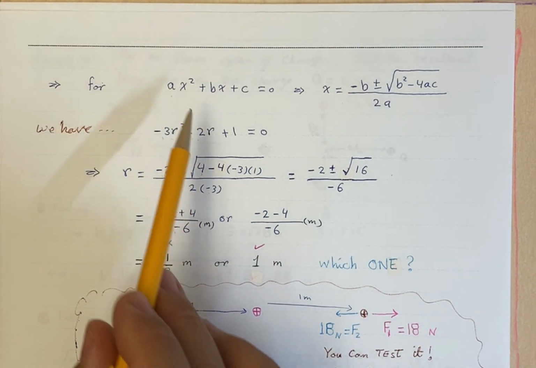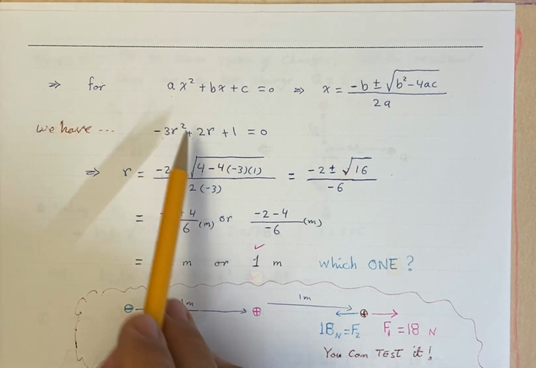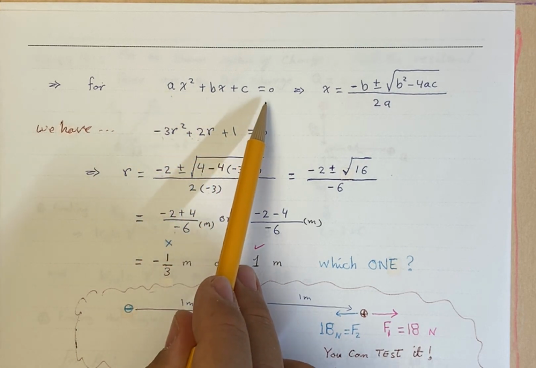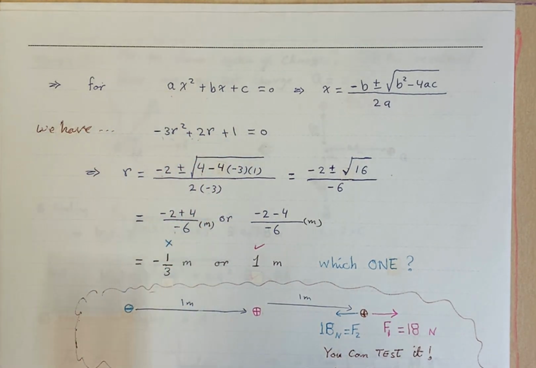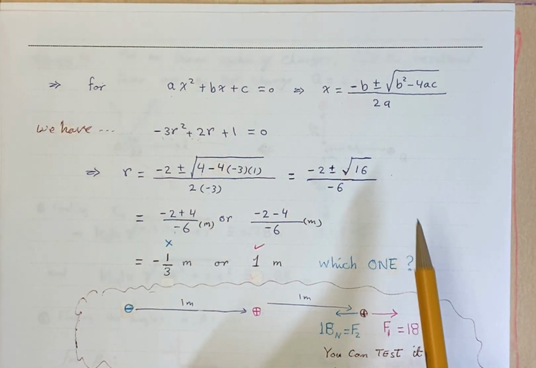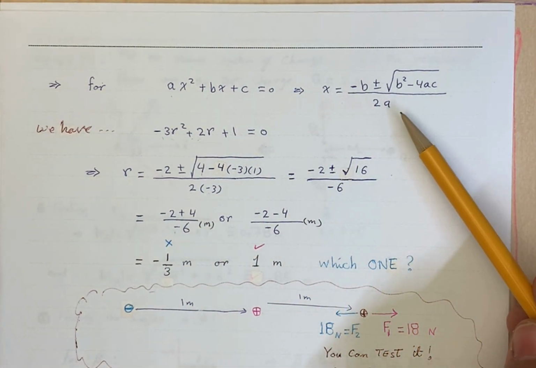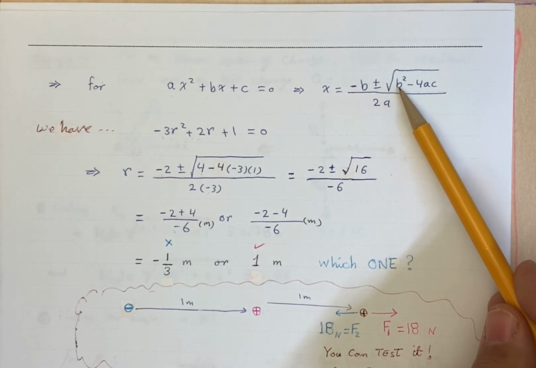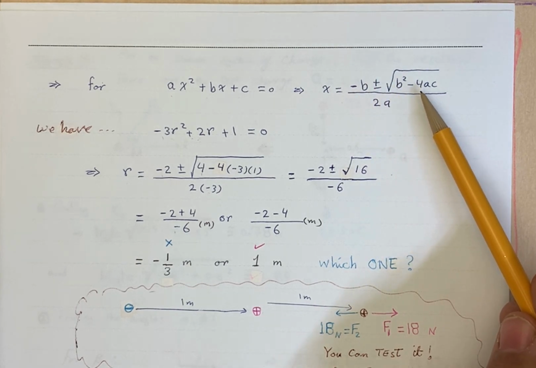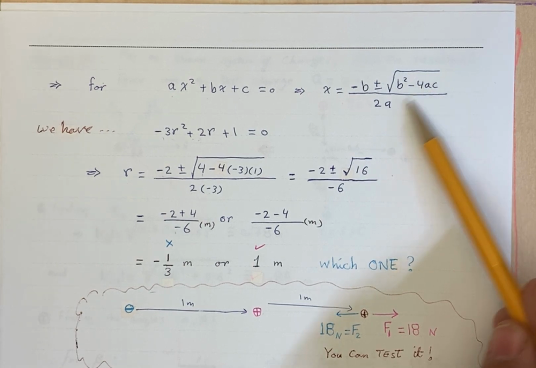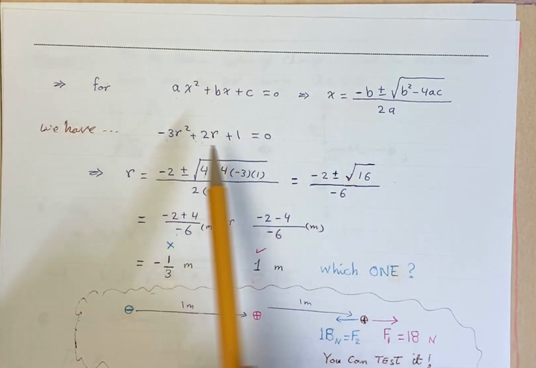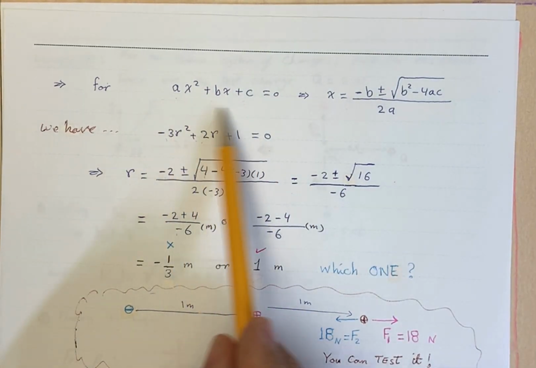Remember from math, if we have ax squared plus bx plus c equals 0, we can find the value of x using the general method, which is negative b plus minus the square root of b squared minus 4ac over 2a.